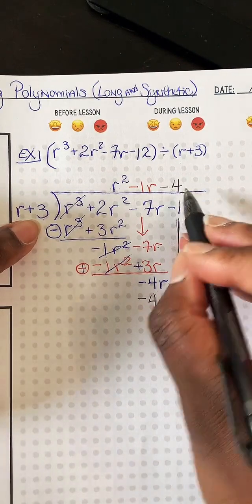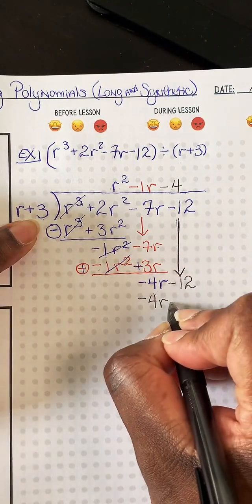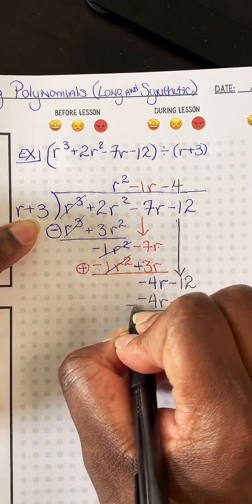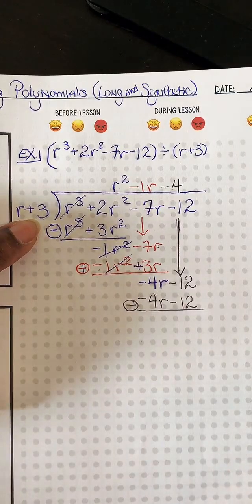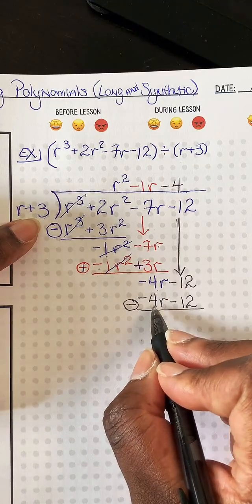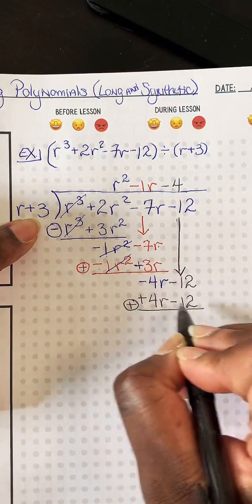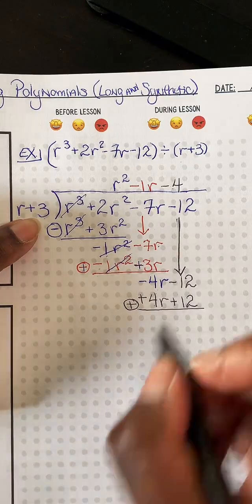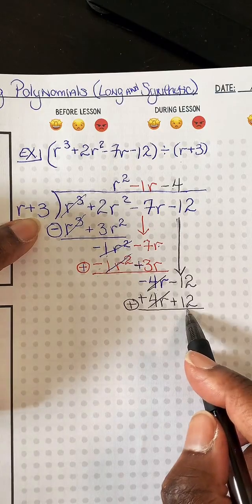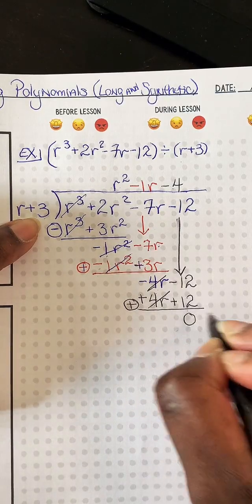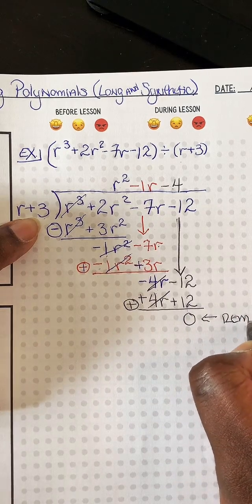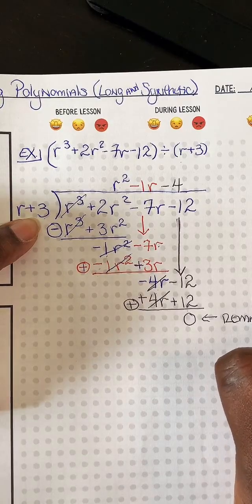Now we got negative 4 times 3 gives me a negative 12. So we're going to subtract those two. Negative 4r minus a negative 4r, because remember, when you minus a negative, it turns positive. So these two cancel out. Negative 12 plus a positive 12 gives me 0. And this 0 is your remainder.